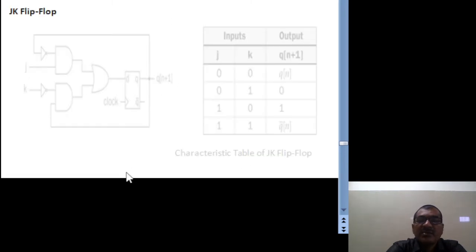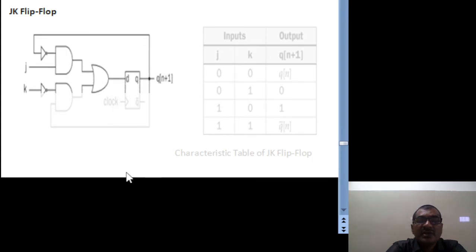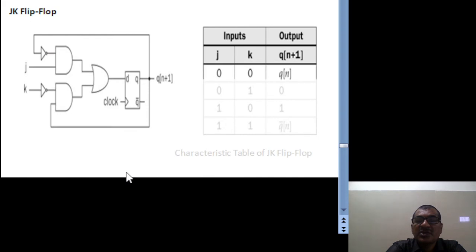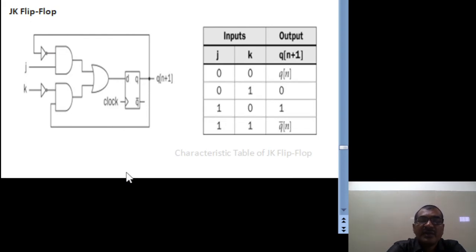Okay, JK flip-flop is also available here. JK flip-flop has two inputs, J input and K input, and only the next state is represented here, that is Q. Actually it also has two outputs, Q and Q bar. From the previous subject knowledge, that is DELT, we can see the truth table of JK.